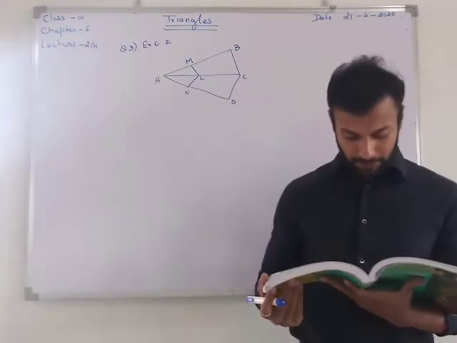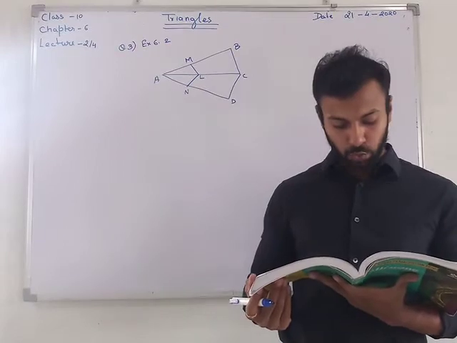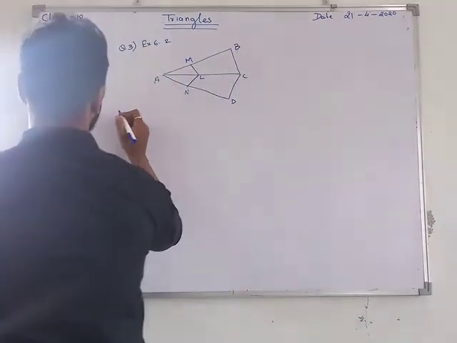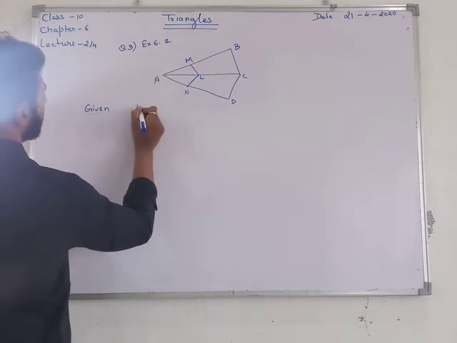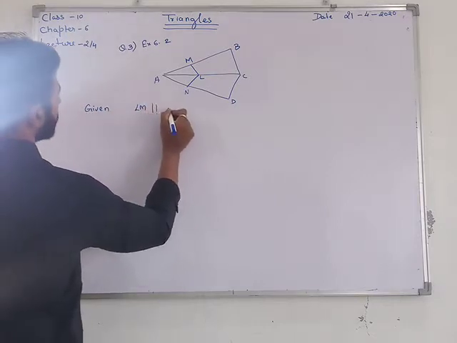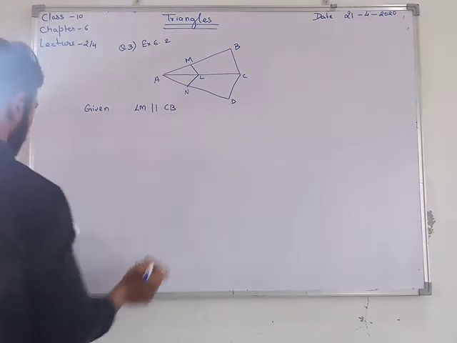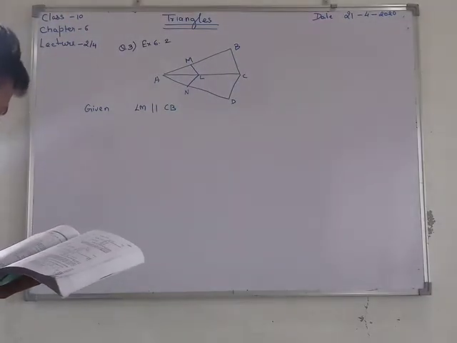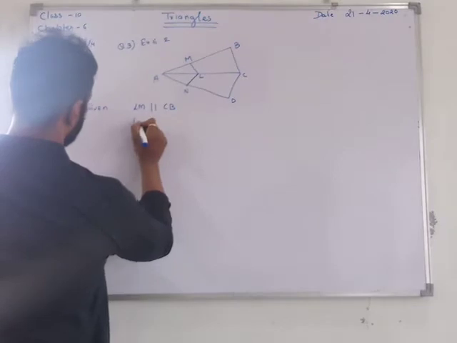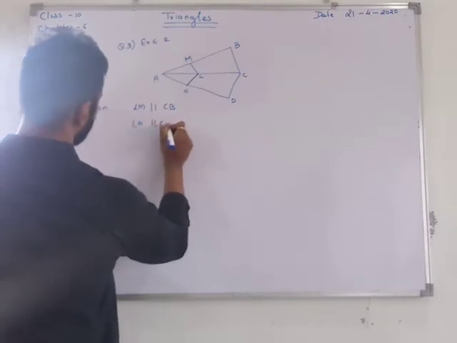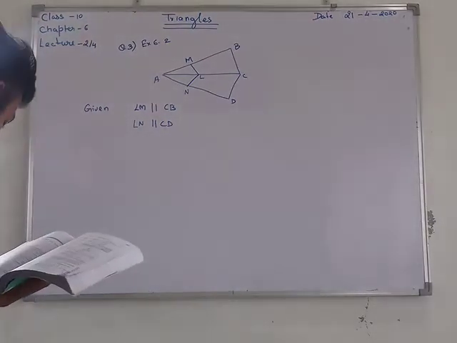In the given figure, LM is parallel to CB. Given that LM is parallel to CB, and second, LN is parallel to CD.